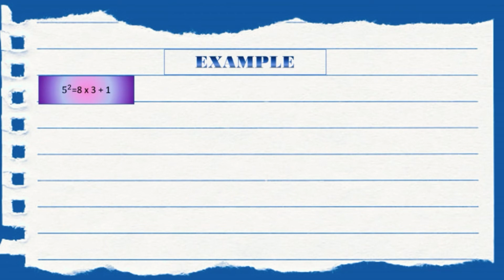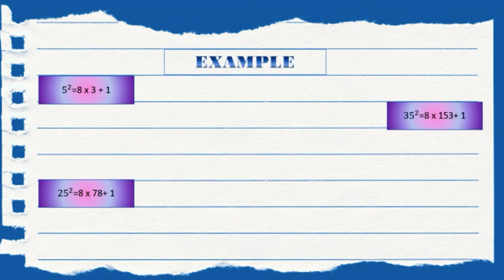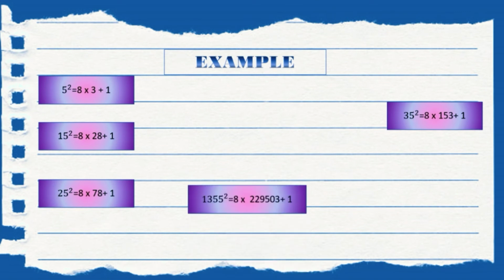So 8 here is the 8 as stated in the theorem, and 3 and 1 here are uniquely defined depending on the integer. 325 squared is equal to 8 times 152 plus 1. 15 squared is equal to 8 times 28 plus 1.